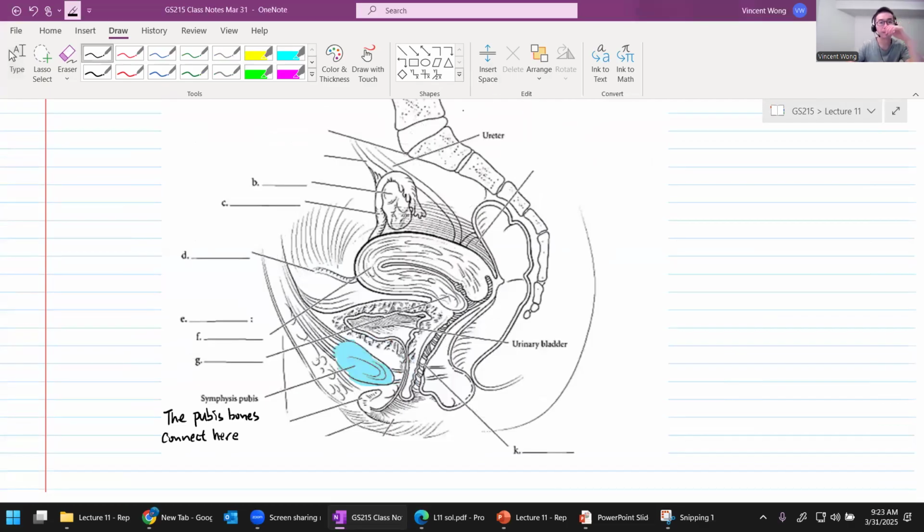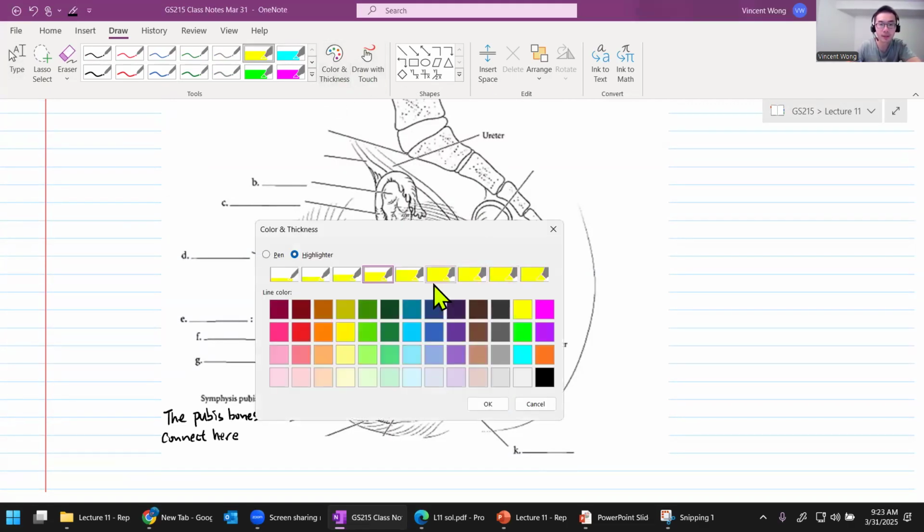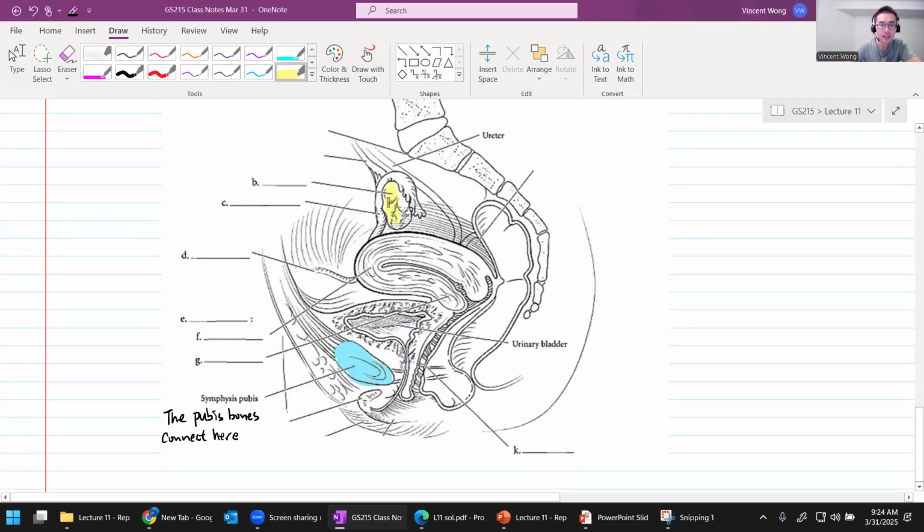All right. What do we have? Well, let's start with the female gonad. Gonad is reproductive organs. And in this case, we have B, which is the ovary. There are two ovaries, one on each side.